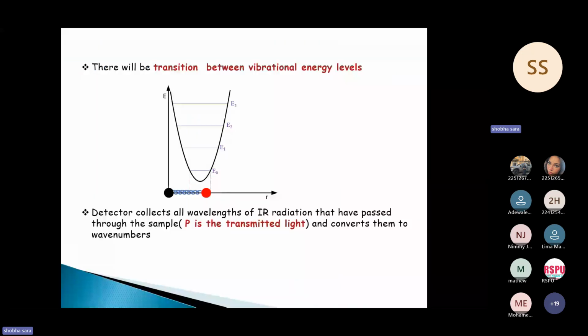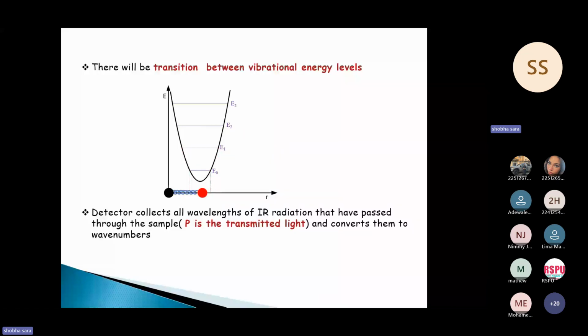You can see this is an oscillating bond. When the radiation matches the natural vibrational frequency of that bond, you can see the radiation hitting that sample. Then there will be a transition from the ground state to the first excited vibrational state. This is called the fundamental vibration.